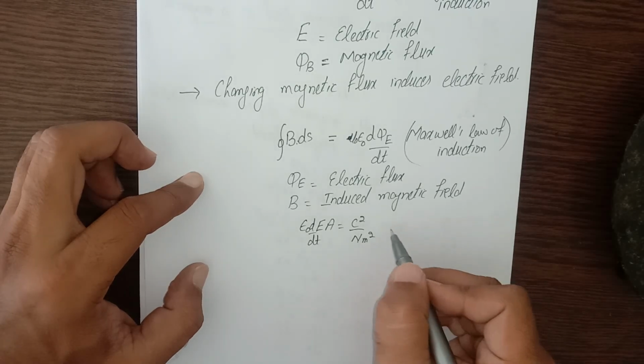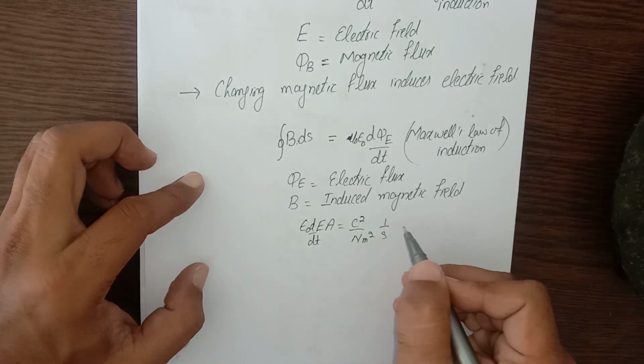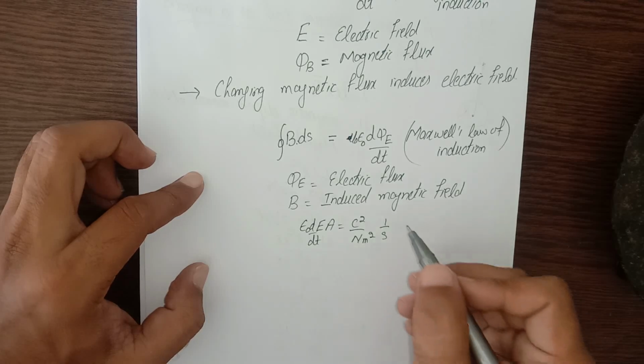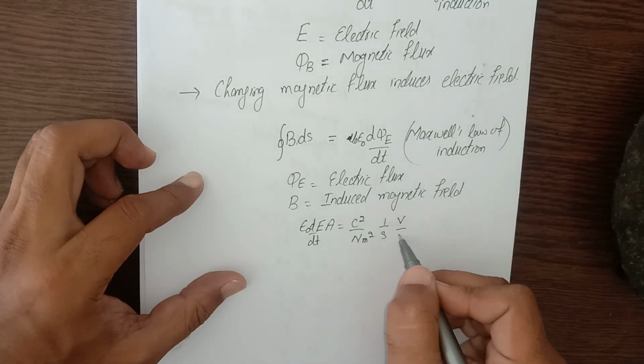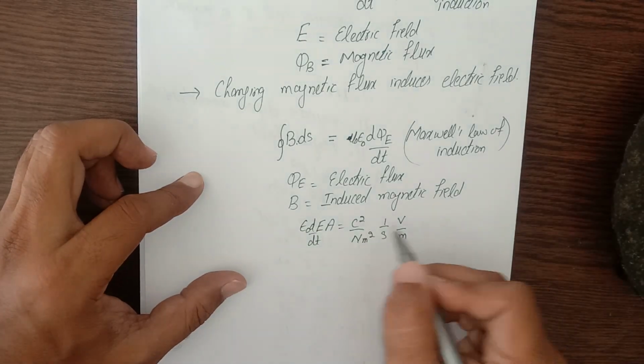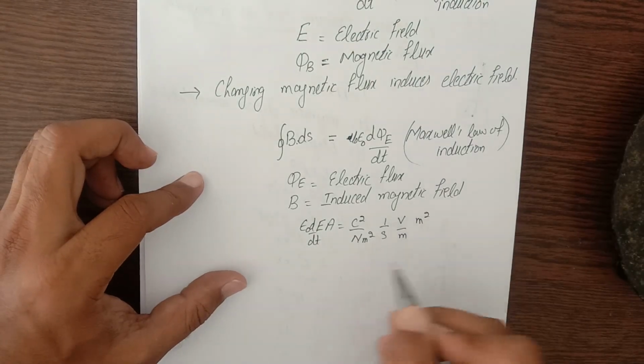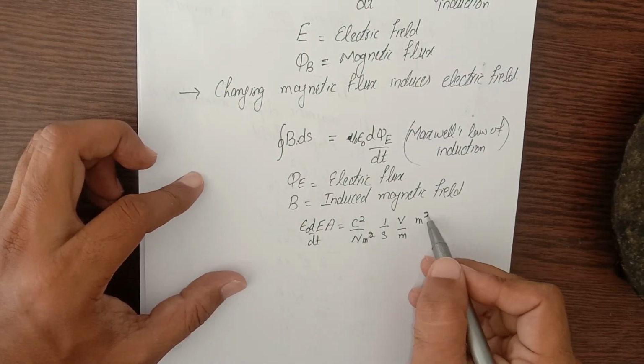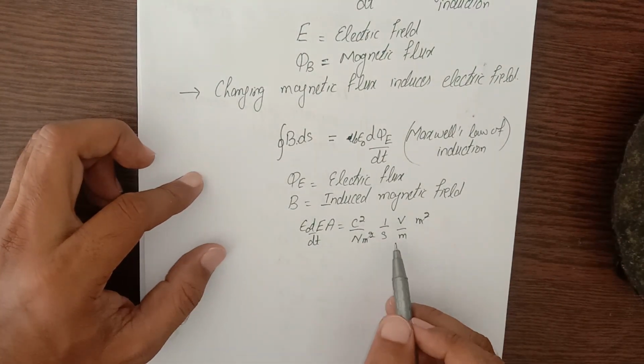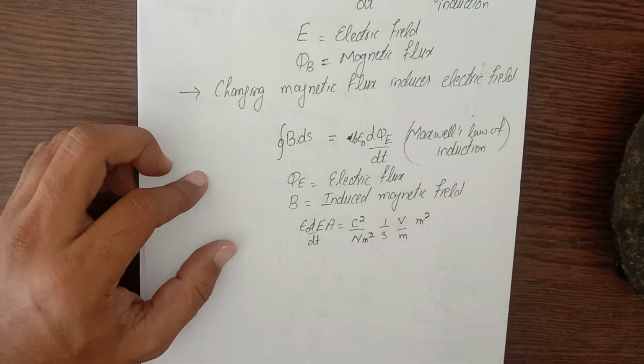This d by dt would be 1 over second, E would be volt per meter, into A would be meter square. This meter square would get cancelled.